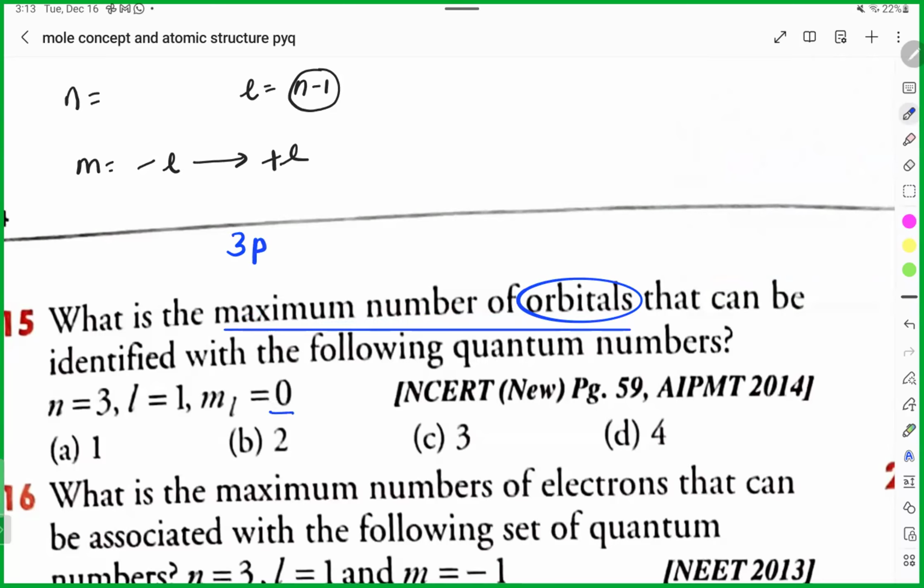So what will be the number of orbitals? In 3p, there are total 3 orbitals.